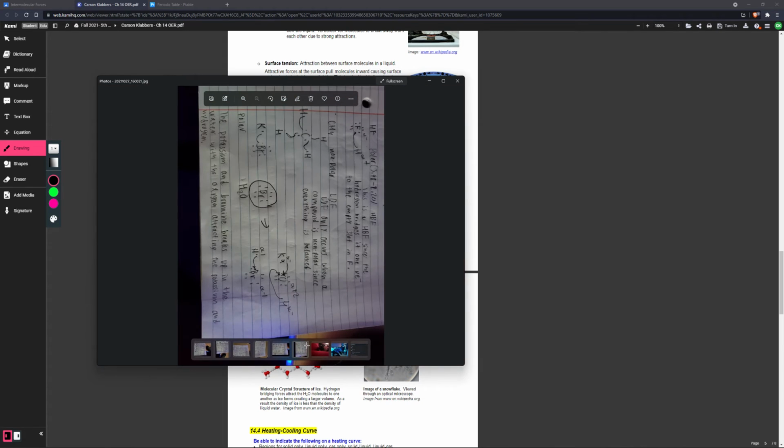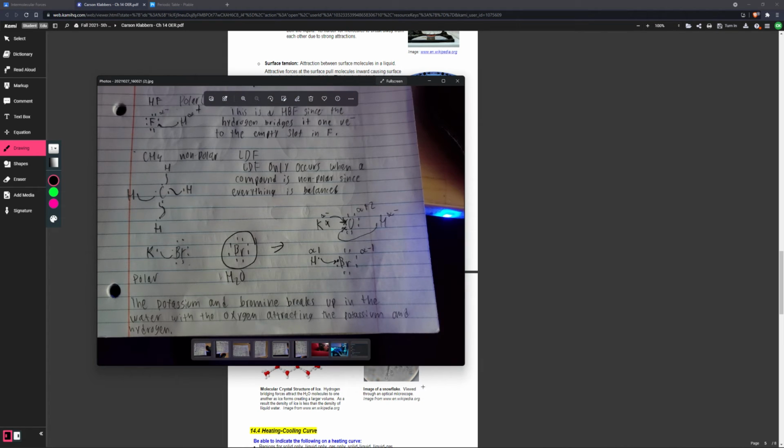And then the next bit, you need a closer look. So basically you just have to write down the Lewis dot structures and how they are bonding together, and give an explanation of why they're bonding, why it's nonpolar, and then the force.